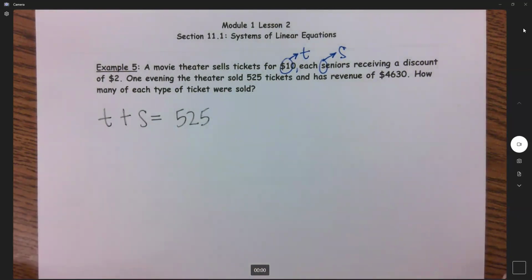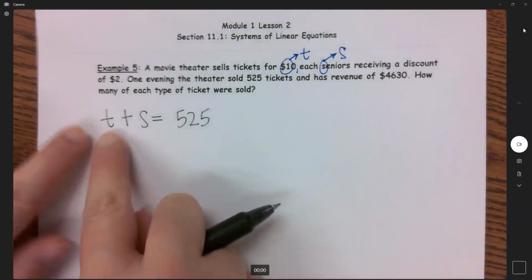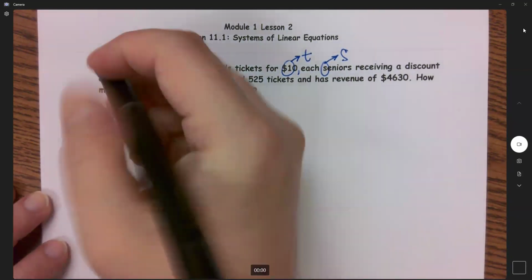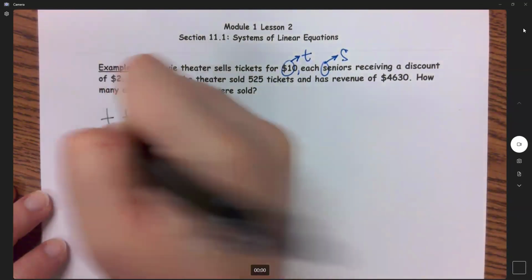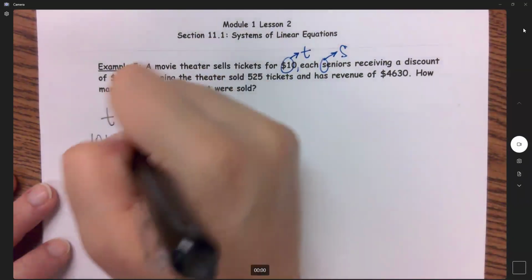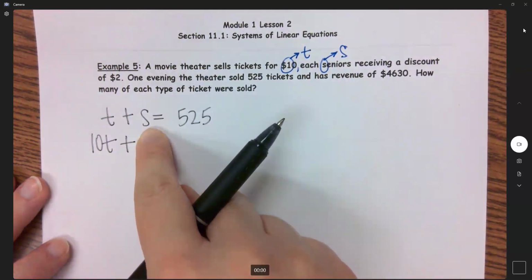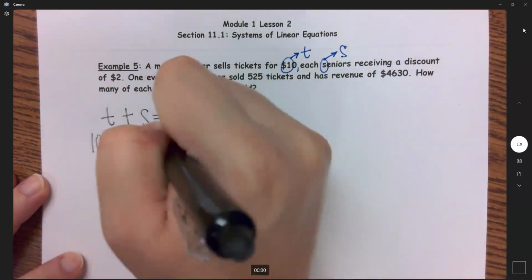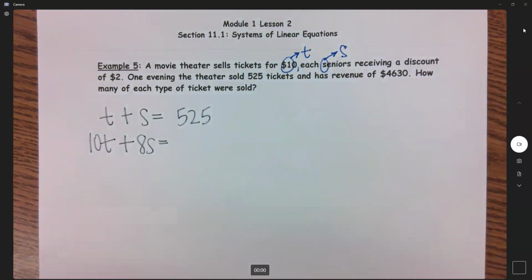The second equation has to do with the money. How much do my regular price tickets cost? These are $10, so we have 10T, plus how much do my senior discounted tickets cost? That is 8S. Why is it 8S?